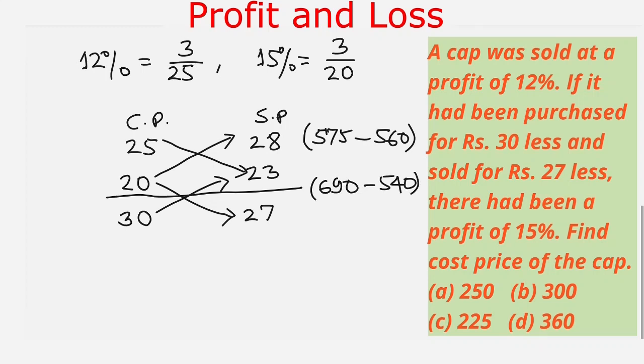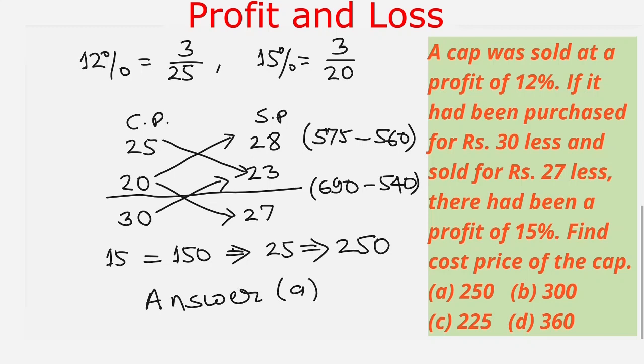The difference between 575 and 560 is 15. So 15 is equivalent to 150, which is 690 minus 540. Therefore, the cost price originally assumed was 25. So 15 is equivalent to 150. This gives us 25 is equivalent to 250.